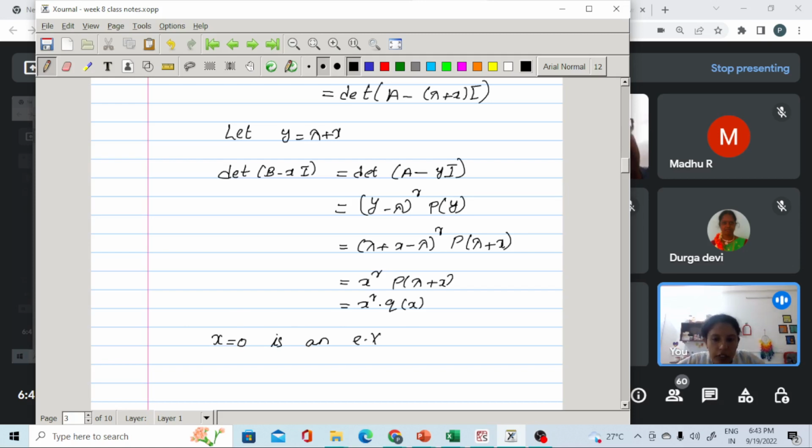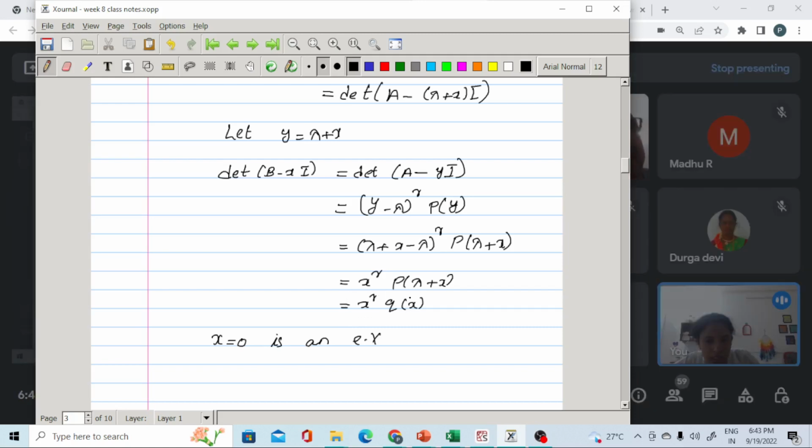It is r. From this equation we can say r, but we need to check whether q of 0 is 0 or non-zero.